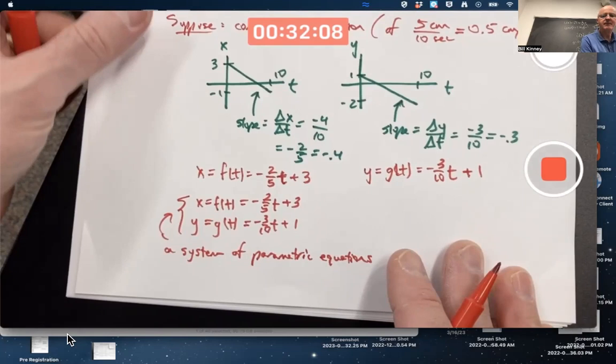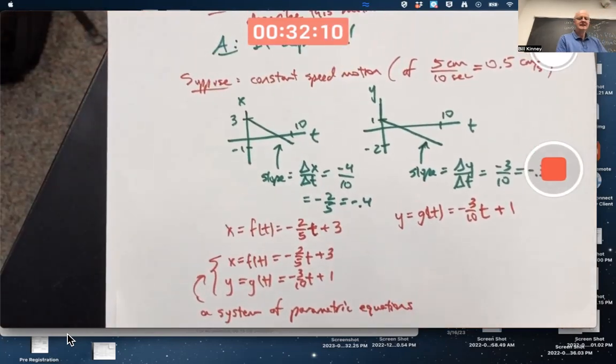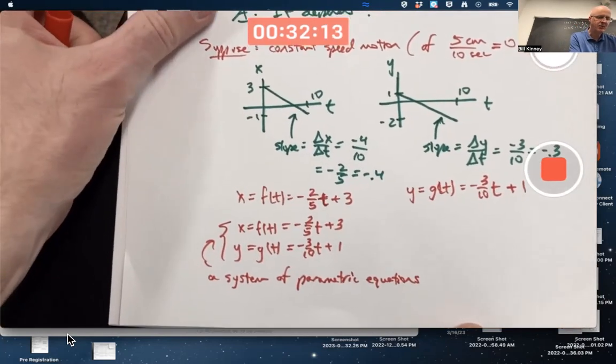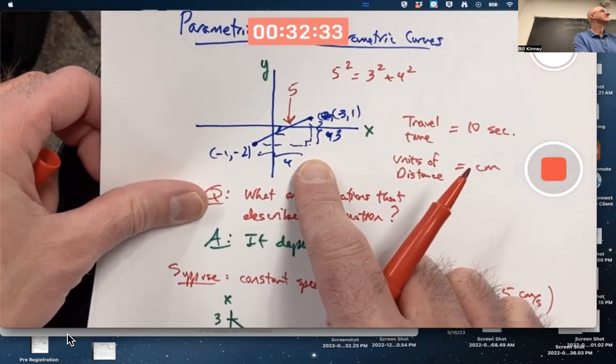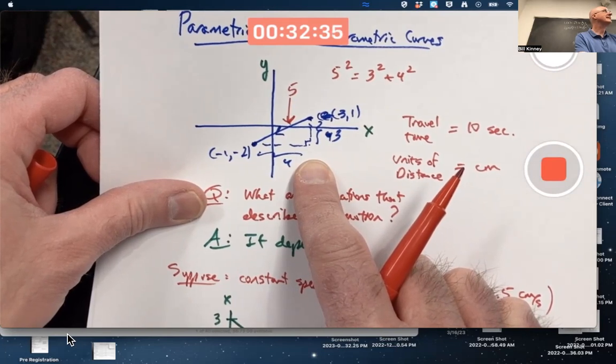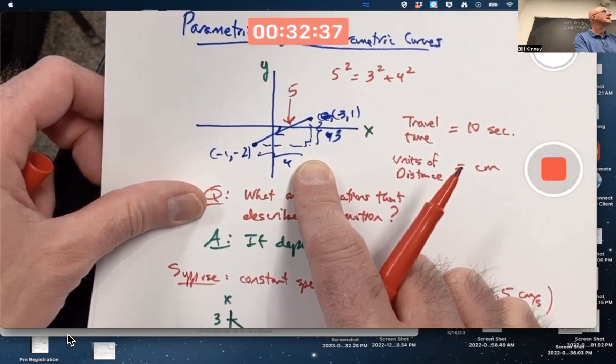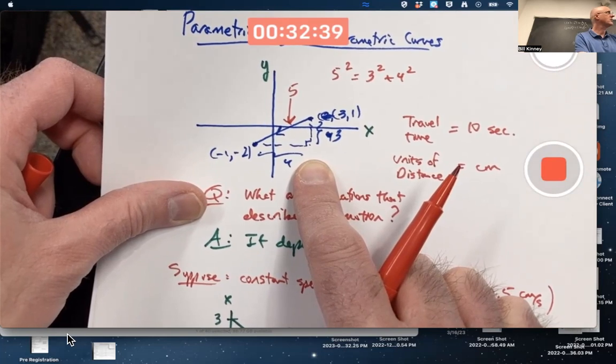Anytime you have a system of parametric equations where x and y depend on some parameter t, often representing time, this also generates what's called a parametric curve. What's the parametric curve? It's the curve traced out in the xy plane as t varies. It's that line. That's the parametric curve.